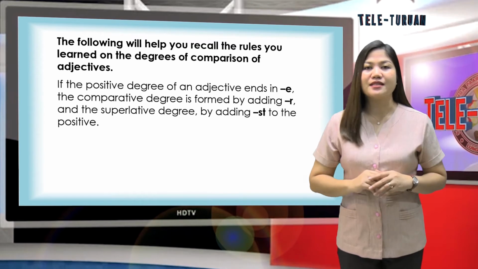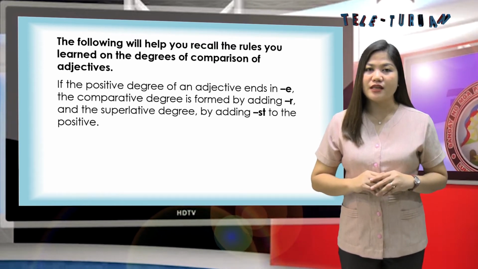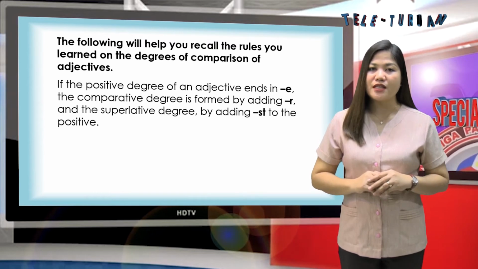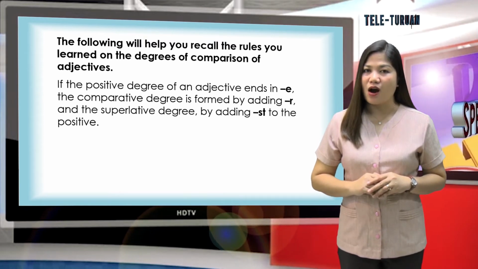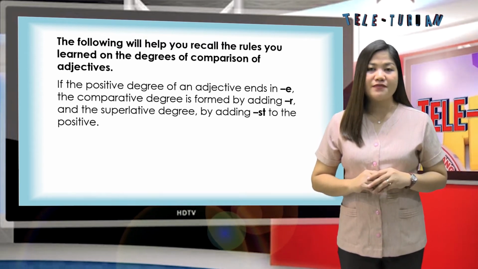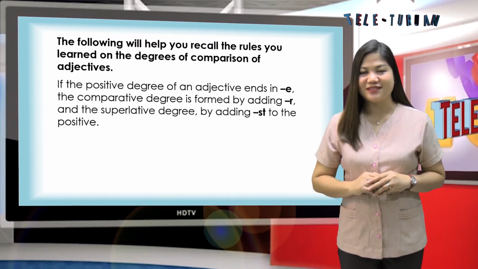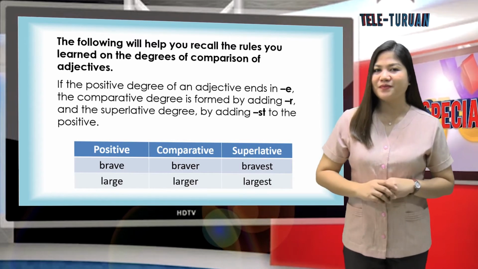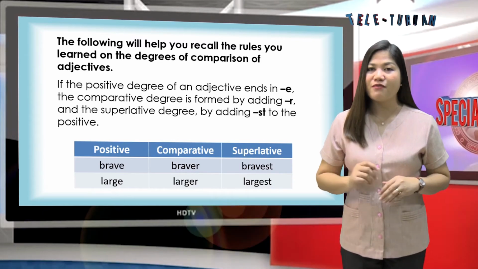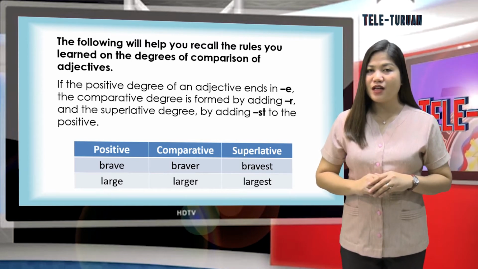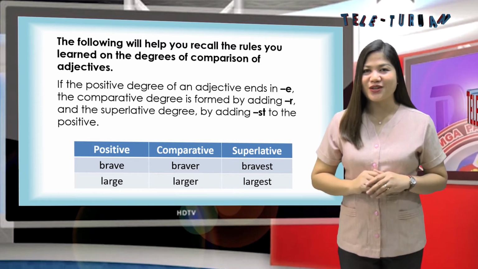If the positive degree of an adjective ends in e, the comparative degree is formed by adding r, and the superlative degree by adding st to the positive. Examples: brave, braver, bravest. Also, we have large, larger, largest.